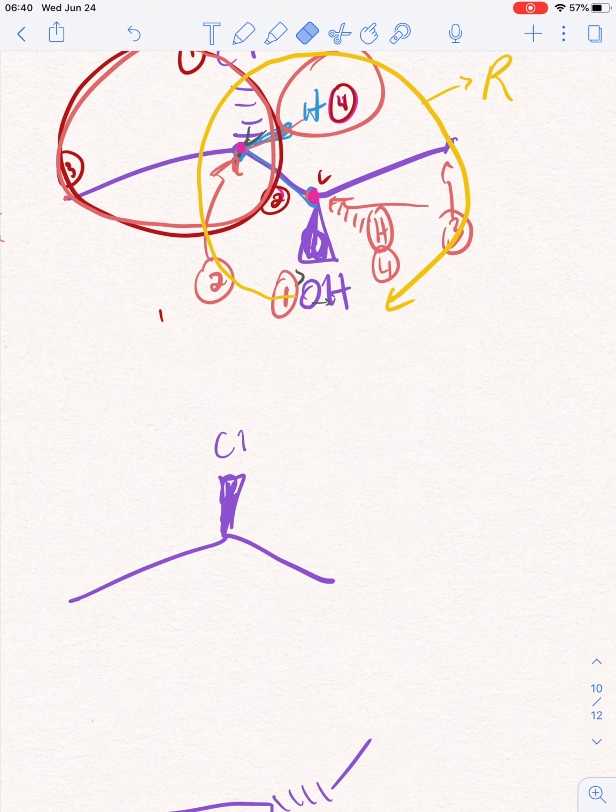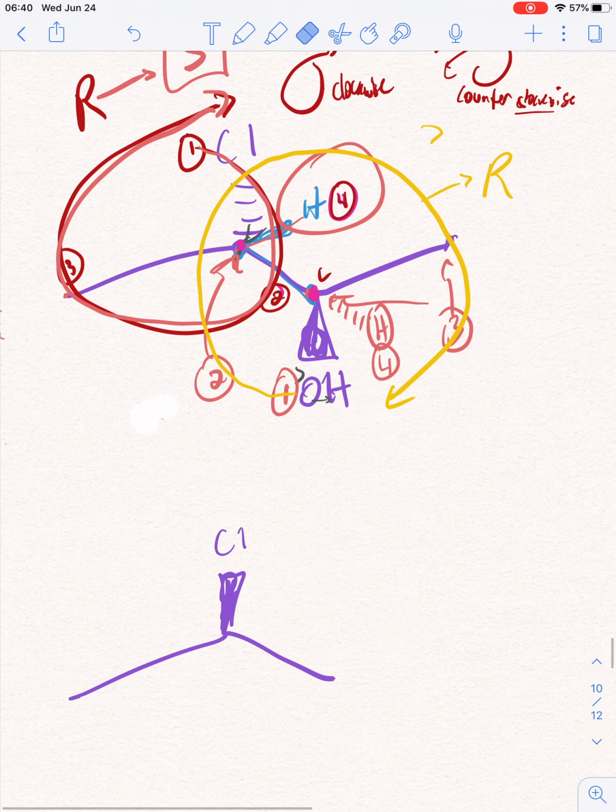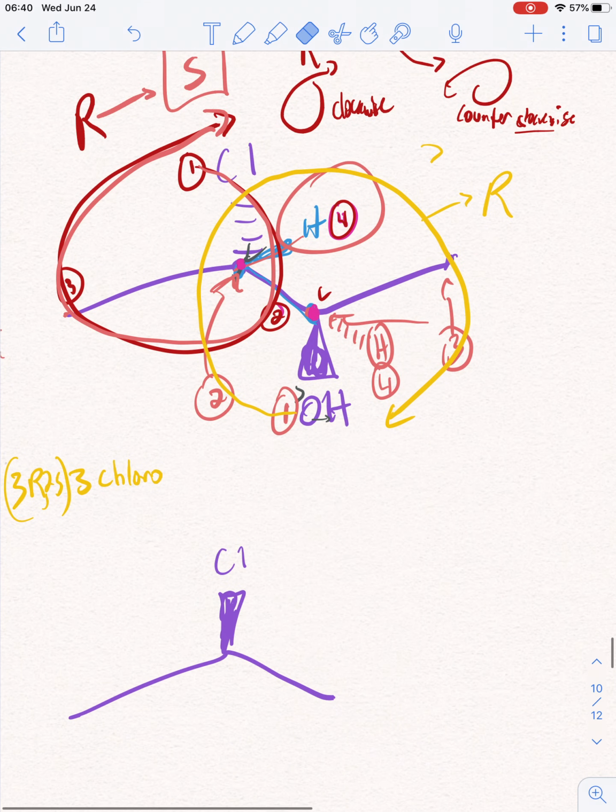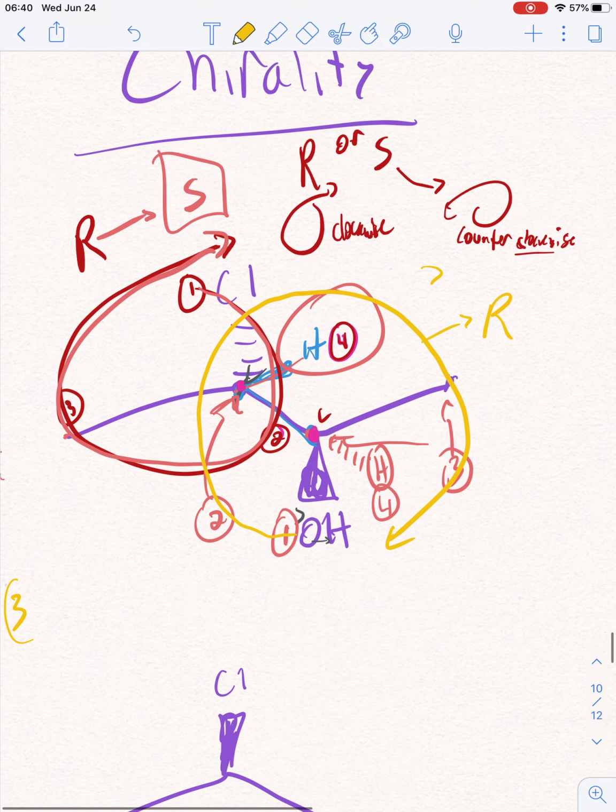Okay, so the official name for this molecule, and you might have to know the name, is 3R, 3-chloro, 3R, my bad, I'm just jumping ahead.